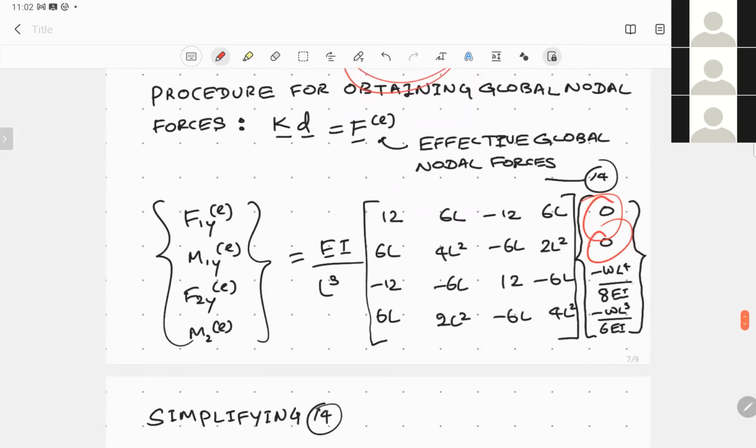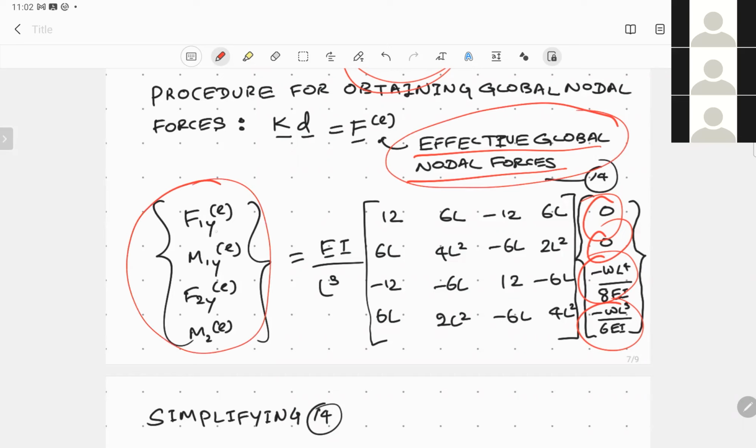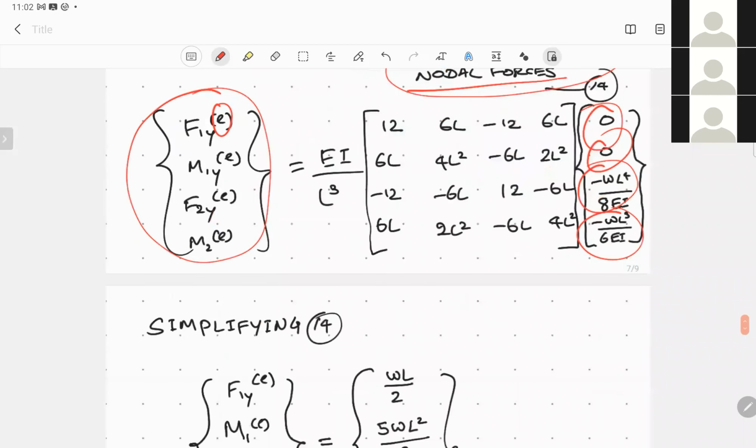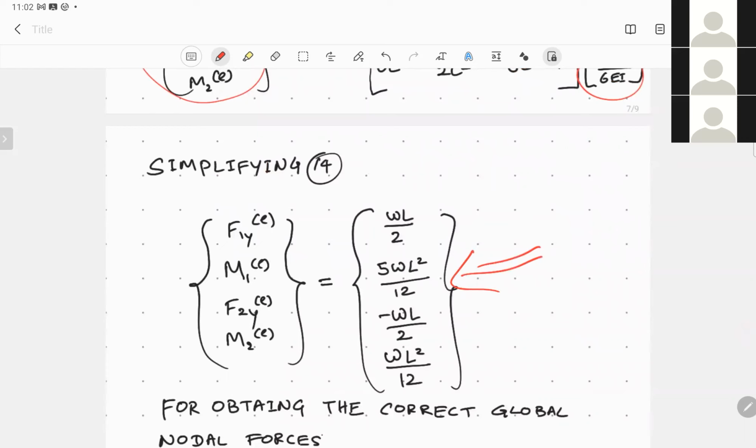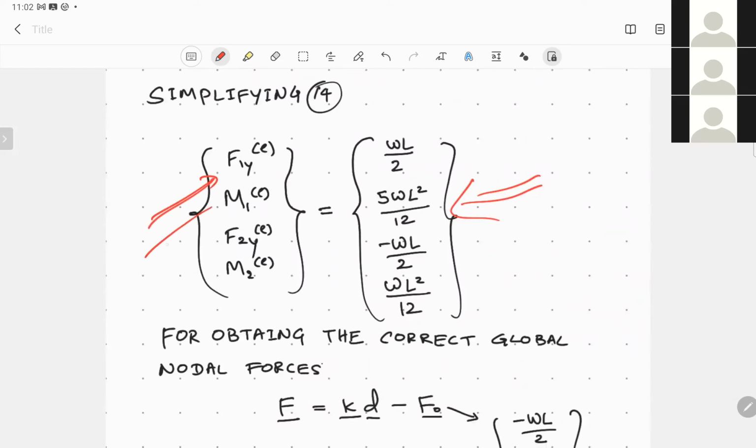These are the values you just found, and these are the structural forces applying on the total structure, which is defined by E in this case. You can solve this equation and simplify it, and you can find the total forces applying on the structure, which are given by these F1 and M1 values.